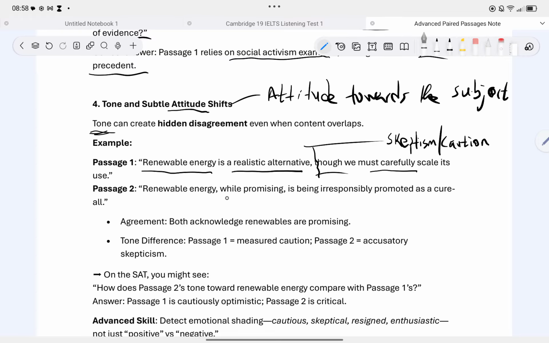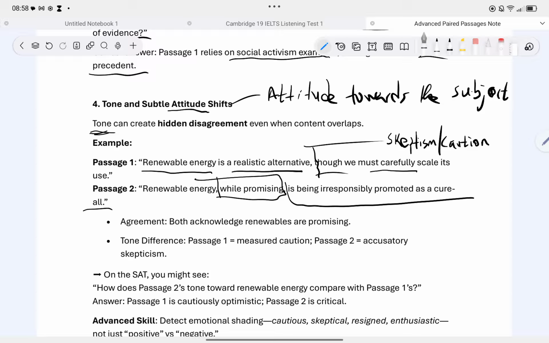Renewable energy, while promising, is being irresponsibly promoted as a cure-all. So it looks as if they're saying the same thing, because you see "while promising" here, but it says it's being irresponsibly promoted as a cure-all. This one is also skeptical, but it's more aggressive with the skepticism.